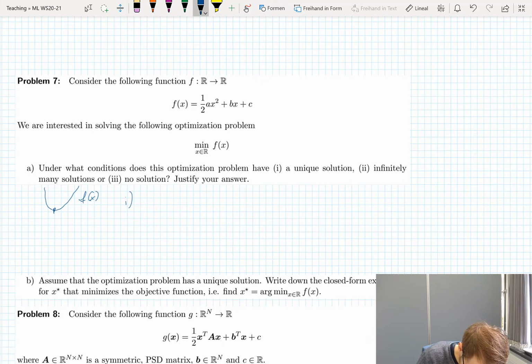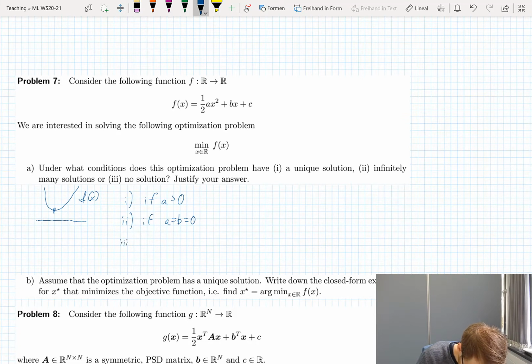So that's if a is greater or equal 0. Two, infinitely many solutions. So this is the case if it's completely flat. When is it completely flat? If a equals b equals 0.